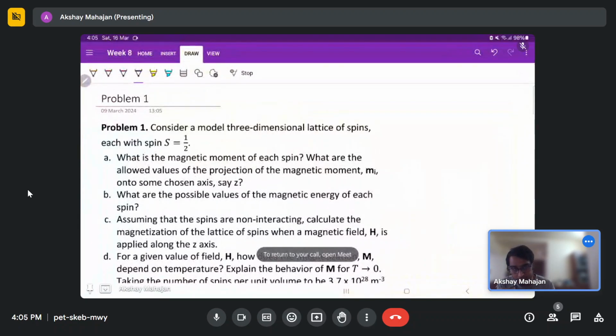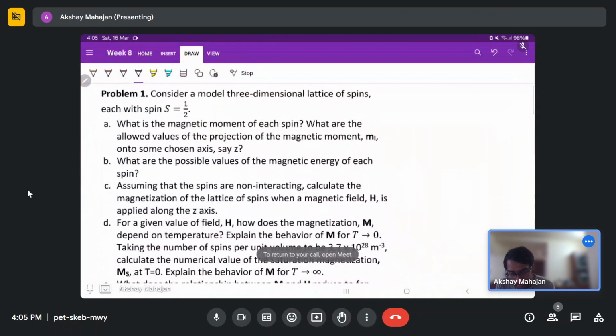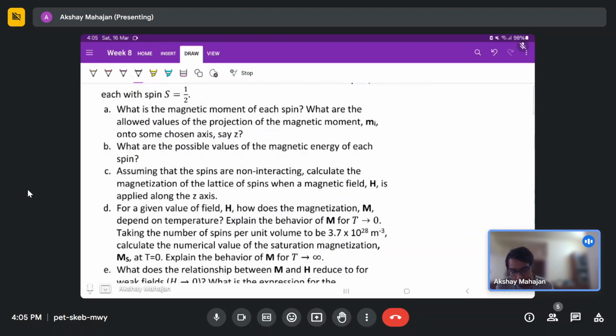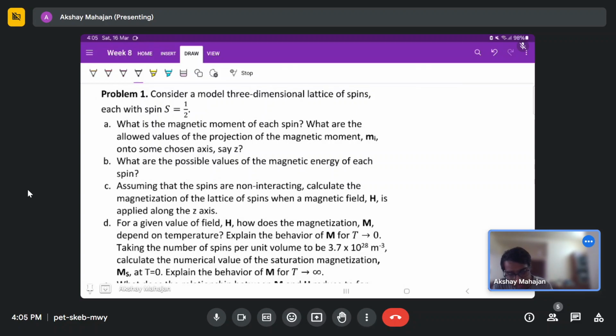Alright, so we are doing this problem. This is problem number 9 from our week 7 last session. We were not able to solve this in the last session, so again I'm repeating the problem.